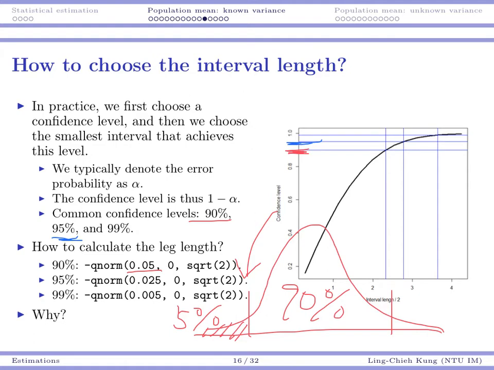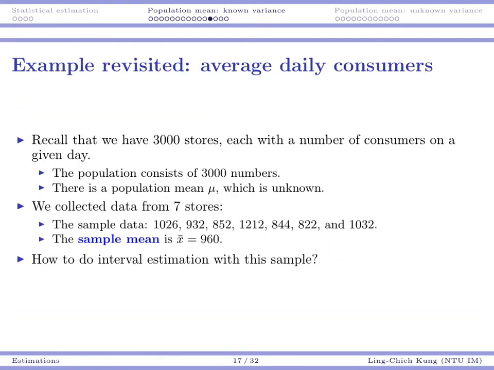If we want a 95% confidence interval, then here the probability to put into Q norm would be 2.5%. Okay, because it's the tail probability. If we want 99%, then at each tail we only have 0.5%. With these functions, we can do the calculation.